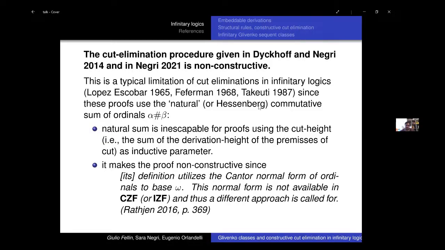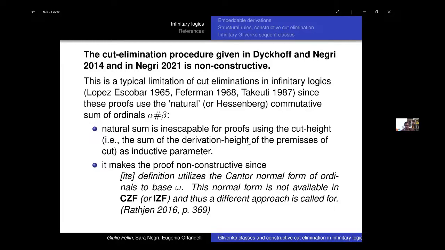Natural sum is inescapable for proofs using the cut height as an inductive parameter, and it makes the proof non-constructive since its definition utilizes the Cantor normal form of ordinals to base omega. This normal form is not available in constructive Zermelo-Fraenkel set theory or intuitionistic Zermelo-Fraenkel, and thus we need a different approach.